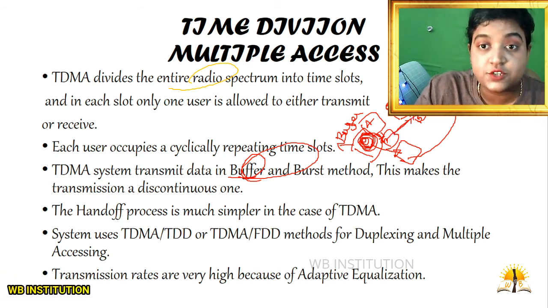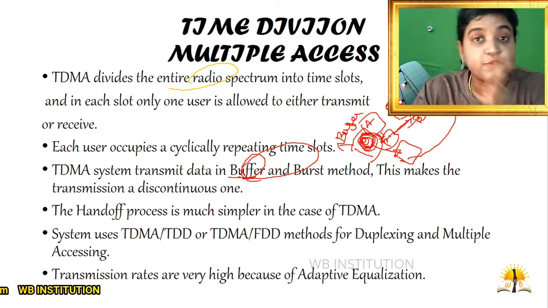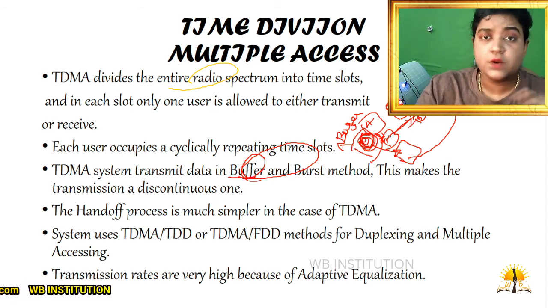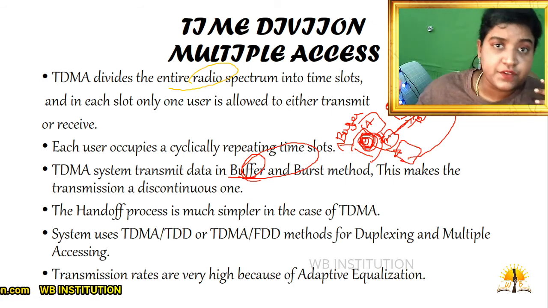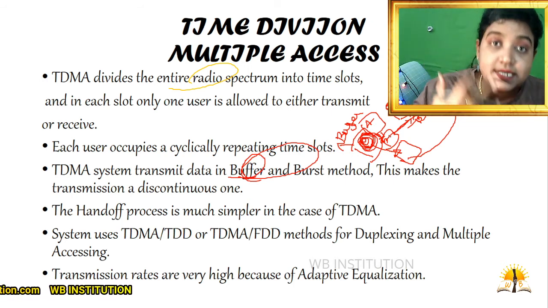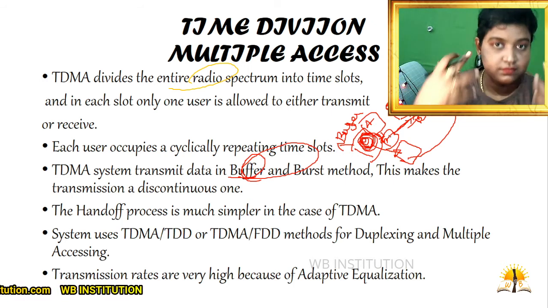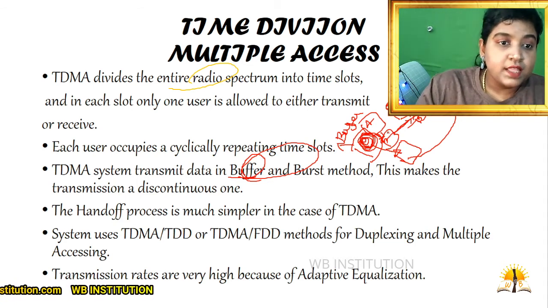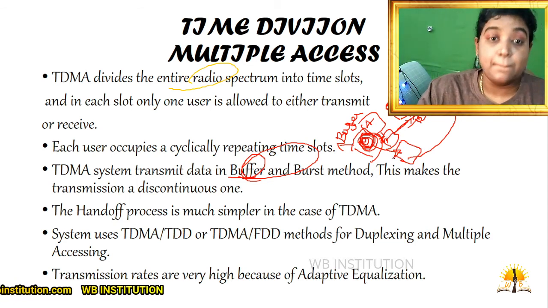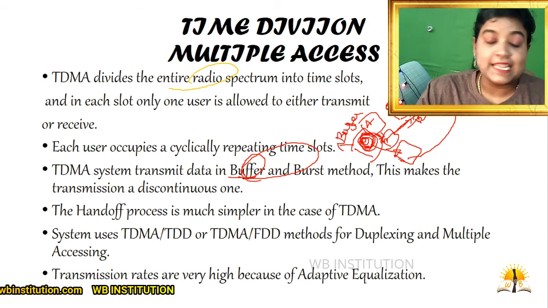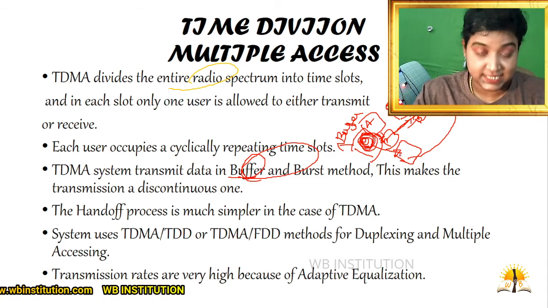After that, it gets broken and transmitted to user B. So it is not continuous. The transmission of information is seen to be discontinuous, right? Okay, the handoff process is much simpler in the case of a TDMA system.